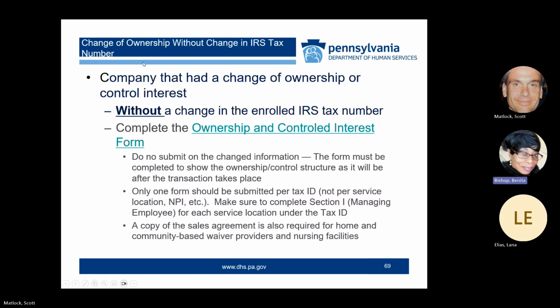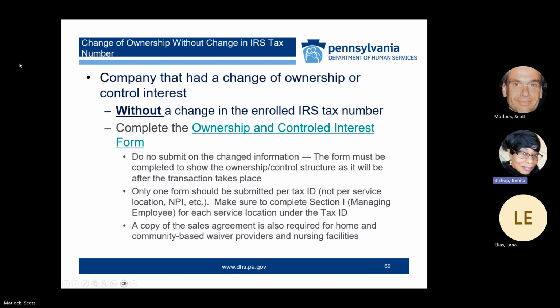Now, change of ownership without change of the IRS tax number. Some companies may have a change in ownership or control interest, and here are the steps in case this happens. Without a change in the enrolled IRS tax number, please complete the ownership and control interest form, which will be located in the application for you. Do not submit the changed information.